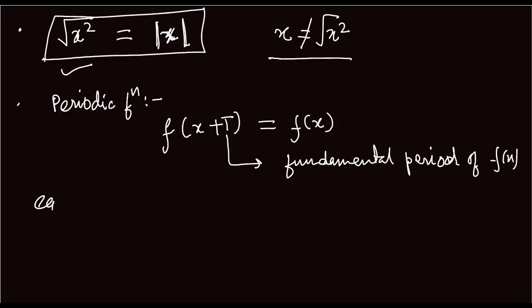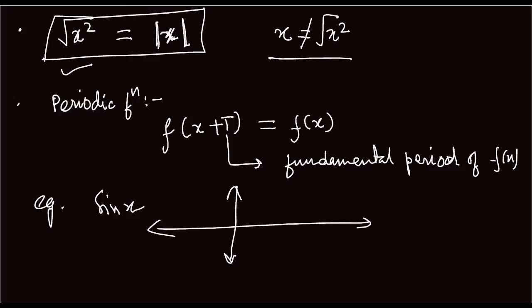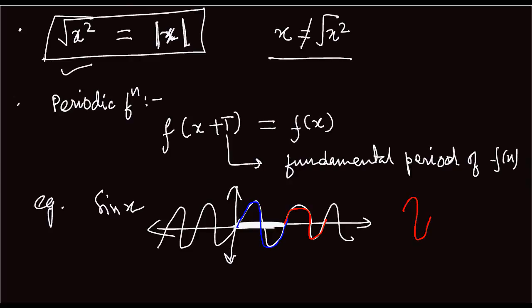So let's see one example. Let's say we have sin x. Everybody knows the graph of sin x. It will start from here and then it will repeat. Again it will go back there. So after every this interval, this thing is again repeated here. This is always repeated.